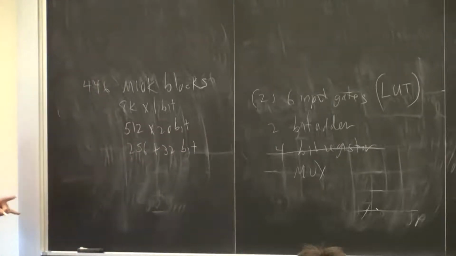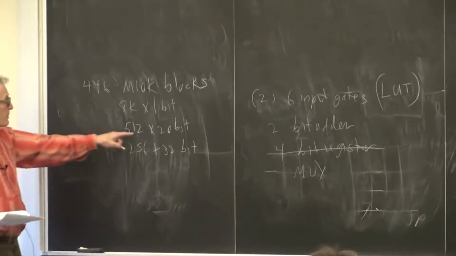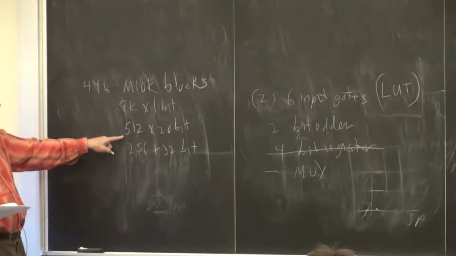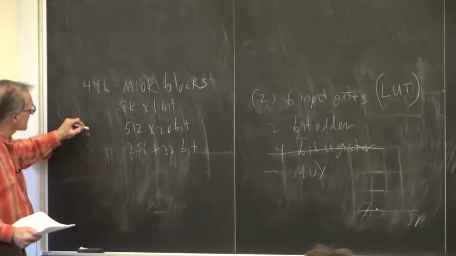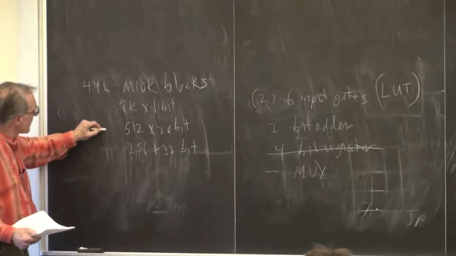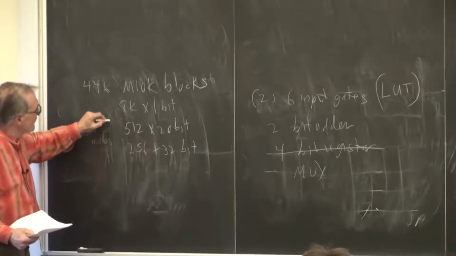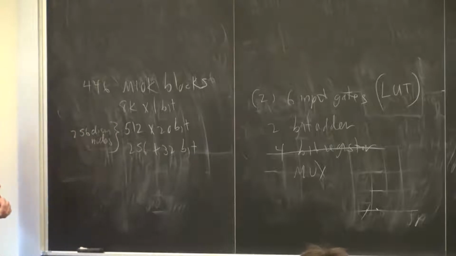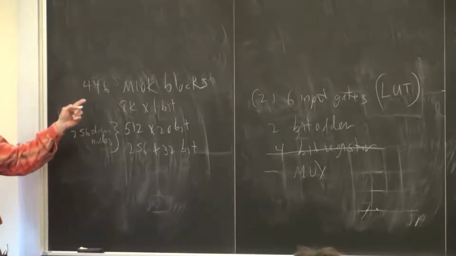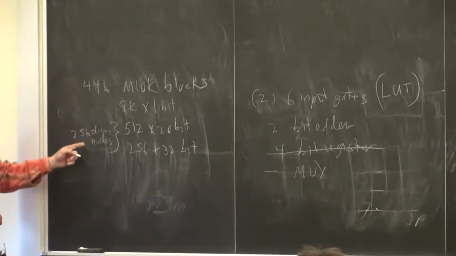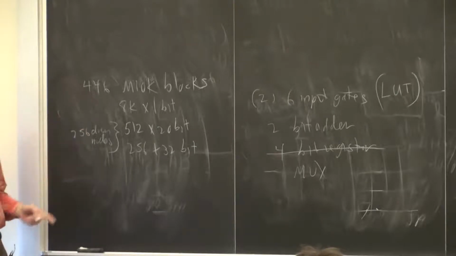This is not all of them. But for 18-bit arithmetic, that's not a bad match. Well, that would mean 256 nodes would fit into one M10K block. We have 400 blocks. If we could compute them all in real time, we could do 256 times 400, which is, I don't know, 80,000 nodes or something.